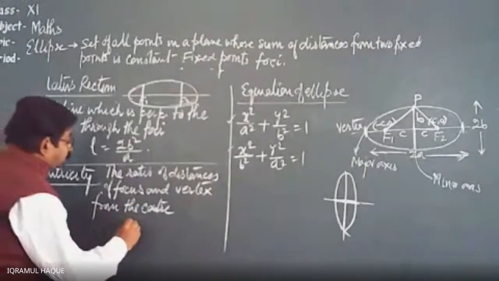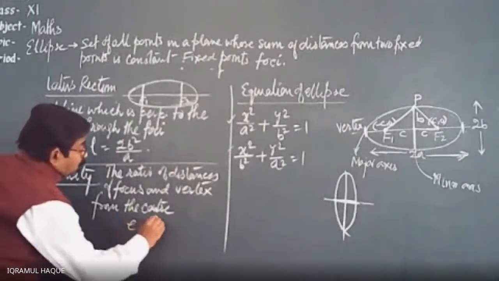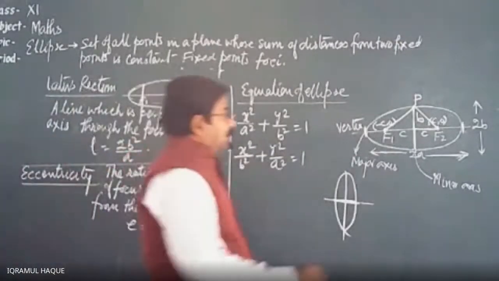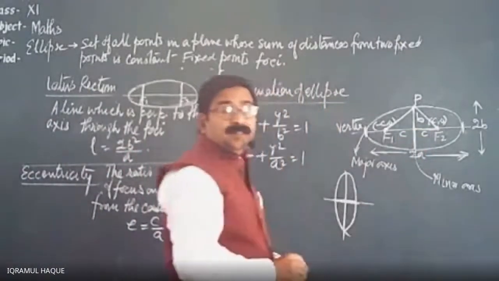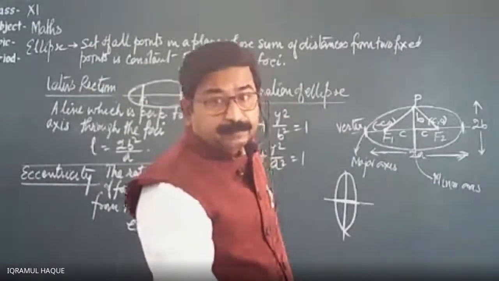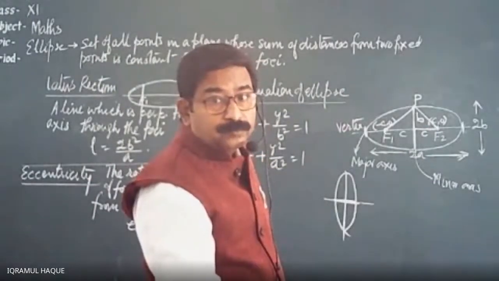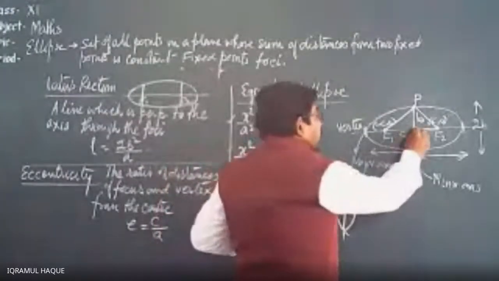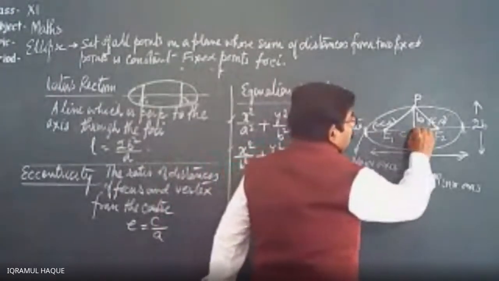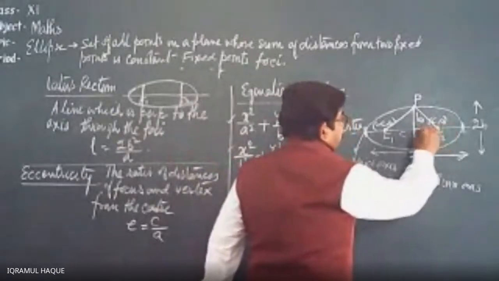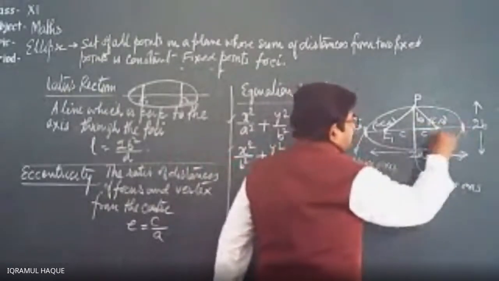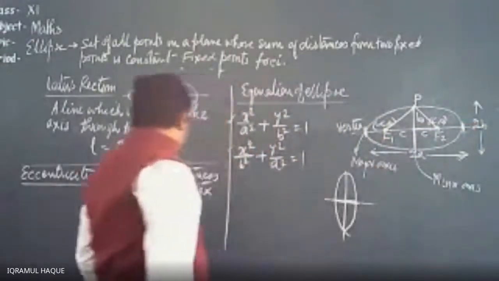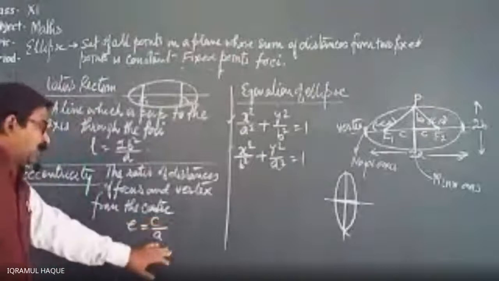This is e is equal to c upon a. This one is the center, its distance to the focus is c, and this is the vertex. The center and vertex distance is a. So we have the ratio e is equal to c upon a.